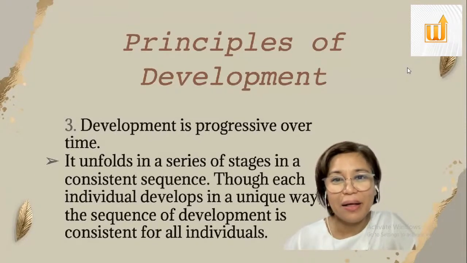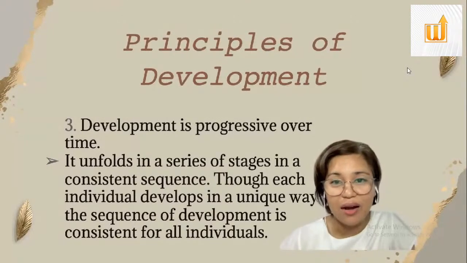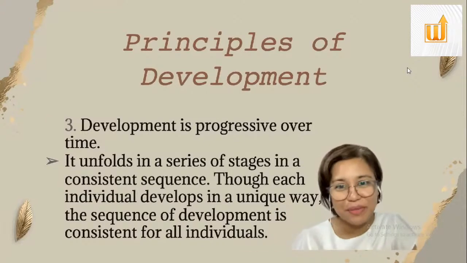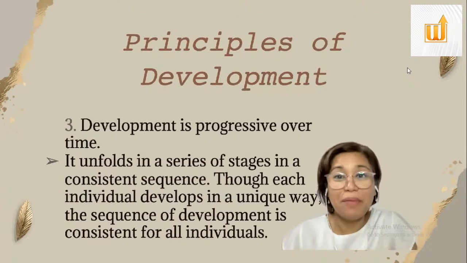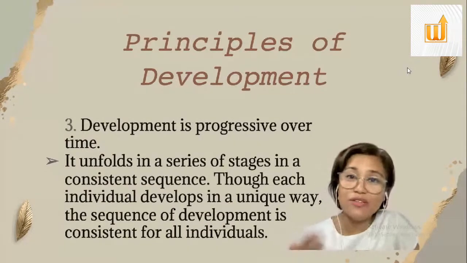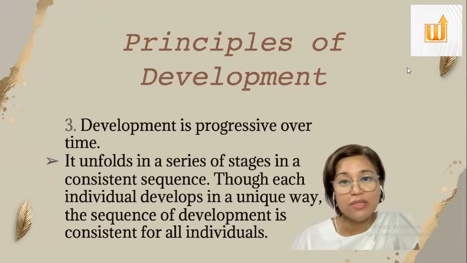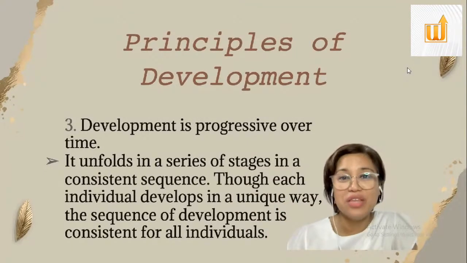Yan yung parang amazing part of our being a human person, amazing part of how we are created and how we are formed as a person. Such amazing things that we can know about ourselves and about other people as well. But even though we develop in unique ways, the sequence of development is progressive and sequential. Okay? So tandaan natin yan na consistent for all individuals, but different also in a unique way.